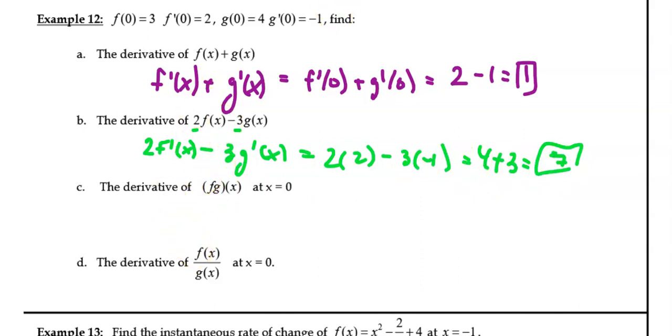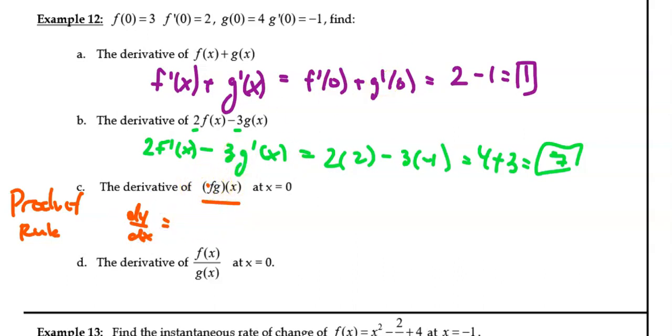Now part C, you see this. It does not equal f of x, f prime of x times g prime of x. You have to use the product rule here. And students forget that. So the derivative of this, dy dx, is going to be equal to f.